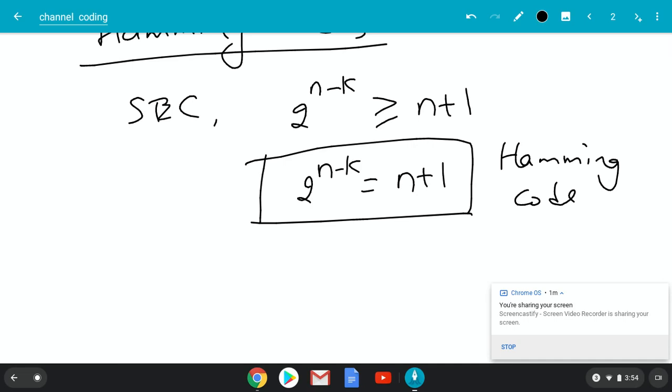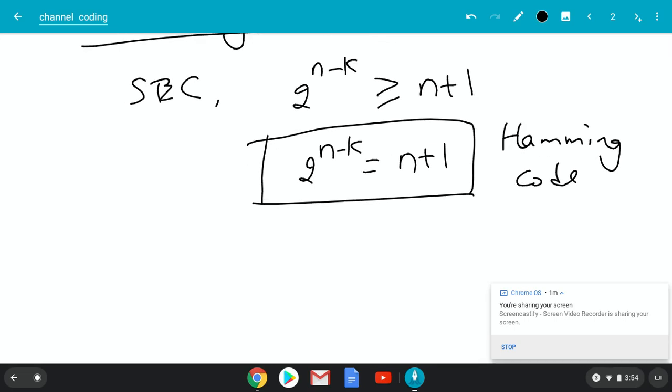And we will talk about why this inequality has to be true from our syndrome matrix perspective. When the lower bound is reached, if 2 to the n minus k is equal to n plus 1, the codes which satisfy that are called Hamming codes.